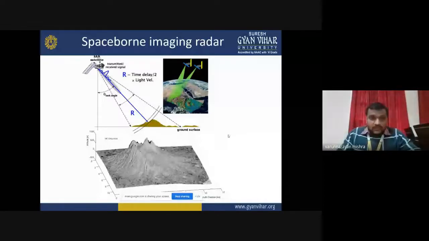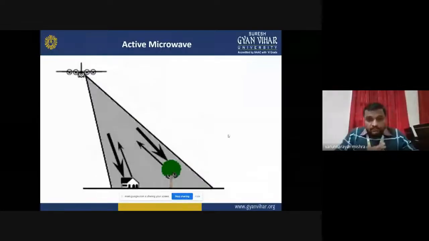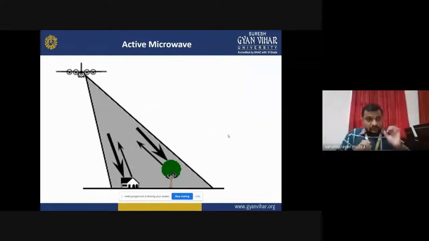So this is how the active microwave remote sensing process works: we send our own energy source towards the target on the Earth surface, transmitted in terms of pulses. These pulses interact with the object on the Earth surface, return back, and are received by the sensor.